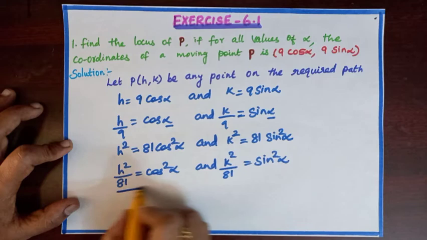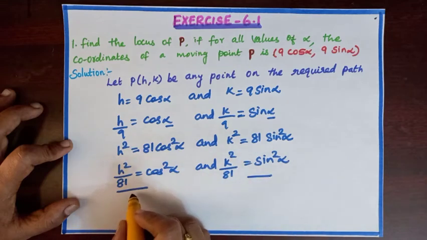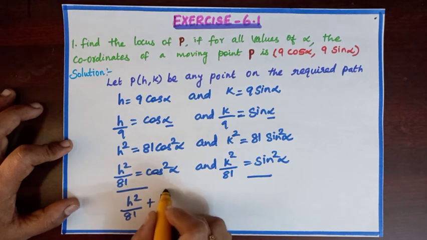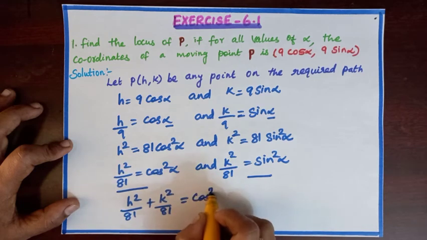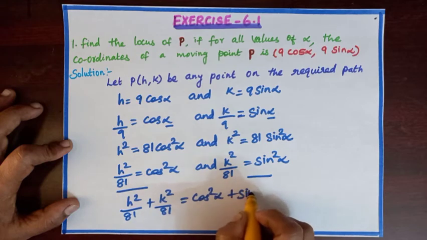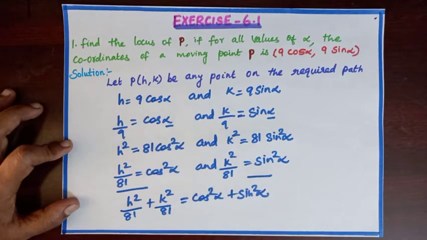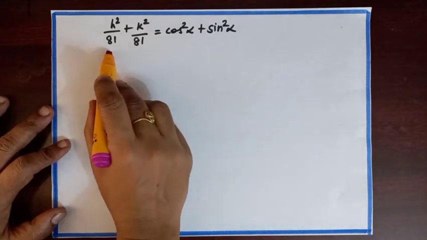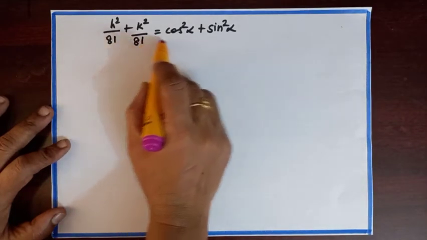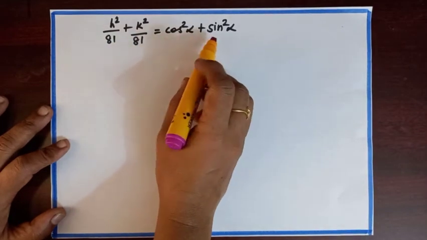Now I am going to add these two. Then I will get h square by 81 plus k square by 81 equal to cos square alpha plus sin square alpha.